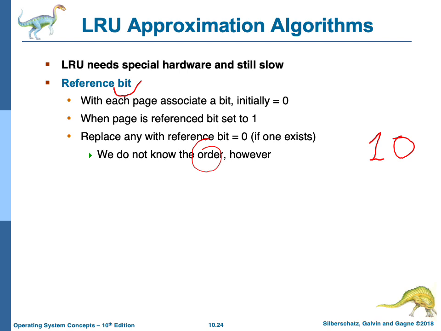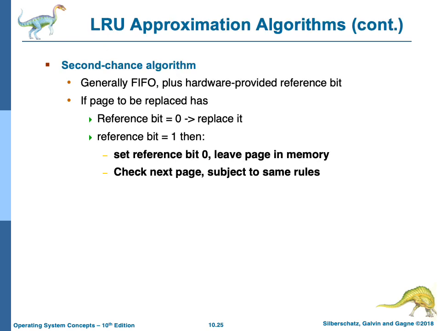Okay, and so there are multiple approximations to still do something that's similar to least recently used, and the one that we are going to learn about is called the second chance algorithm. The idea with the second chance algorithm is similar to FIFO, but we do incorporate the reference bit.